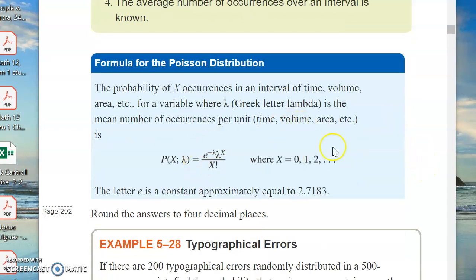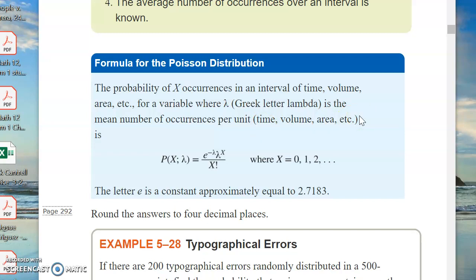So here's the formula. The probability of X occurrences, where X is the number of successes, in some interval of time, or it could be a volume or an area, for some variable, where lambda, this is how you say it, call it lambda, is the mean number of occurrences. So it's the expected value, the mean number of occurrences per unit time or volume or what have you.